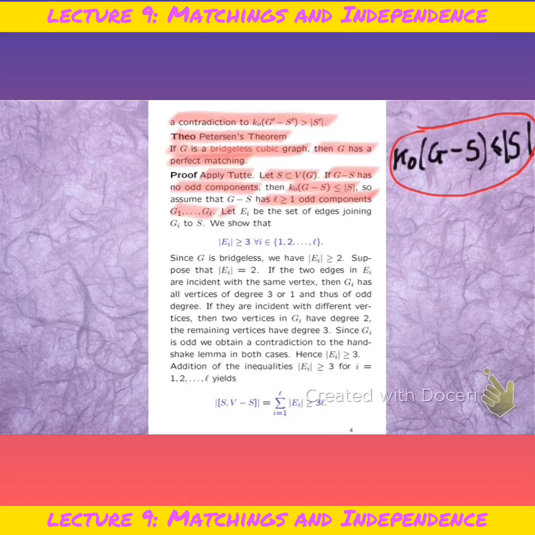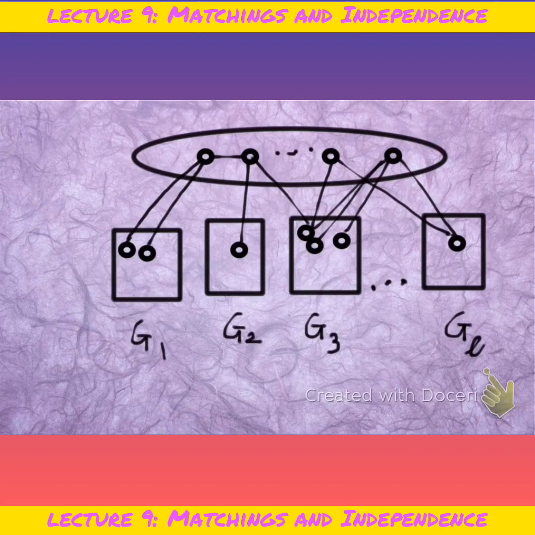And also let Ei be the set of edges joining the ith odd component to the set that we remove. Now we are going to just show that the number of edges between the ith odd component and S is at least 3 for all the odd components. So there's just a little sketch there.